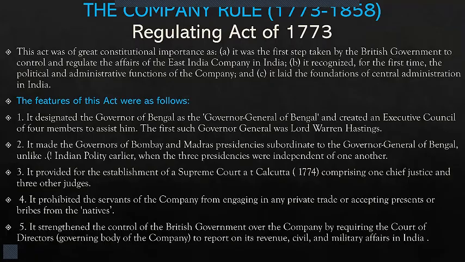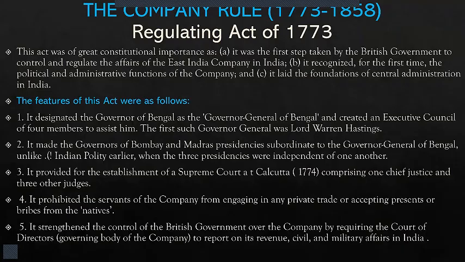So we'll now study the Company Rule. The Company Rule started from 1773 till 1858. This was the time period, and then comes the Regulating Act of 1773. This Act was of great constitutional importance.